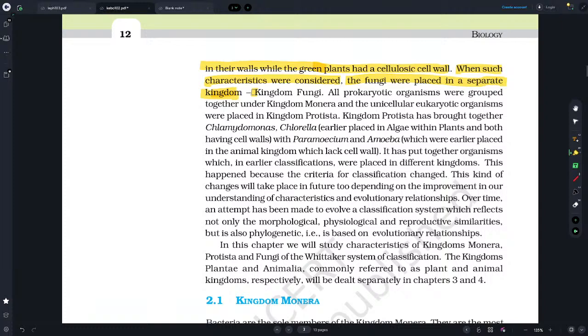So we can call it aseptate or multinucleate, in other words, coenocytic hyphae or mycelium. Some hyphae are continuous tubes filled with multinucleated cytoplasm. These are called coenocytic hyphae.